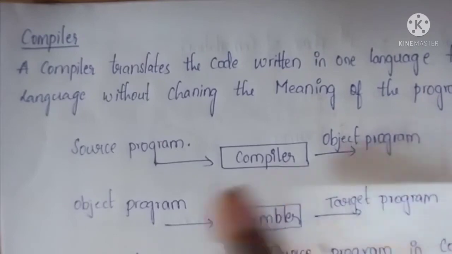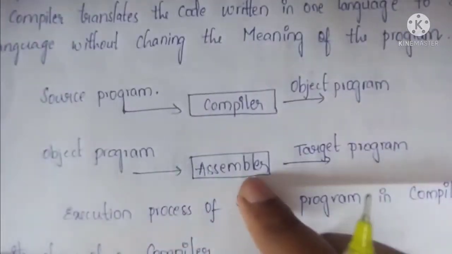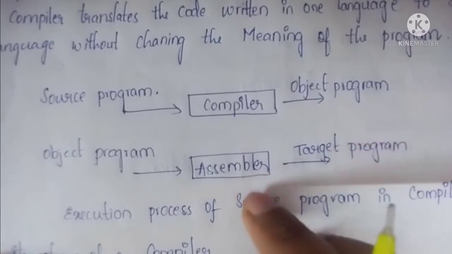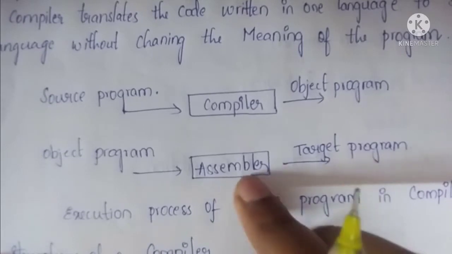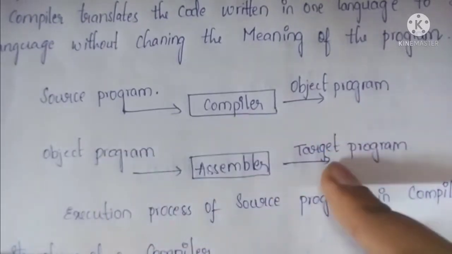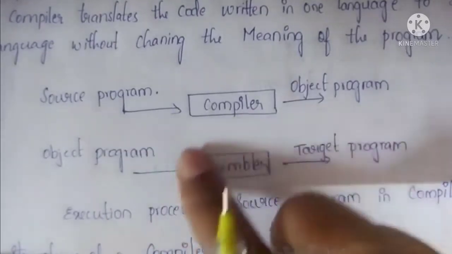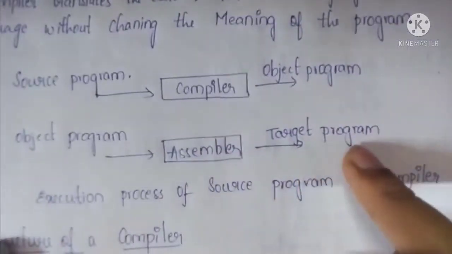This object program is next given to the assembler. Assembler is also one of the language translators. It is going to translate the assembly level language to the machine language. So this assembler is responsible to transfer high level programs to the machine level programs. After the completion of the assembler, we finally get the targeted program output.